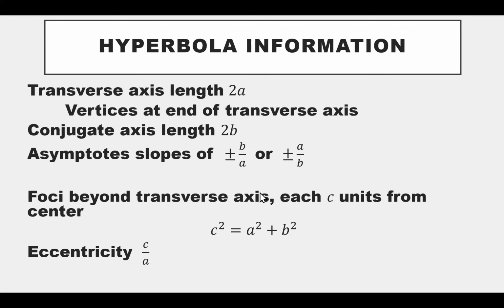And then the foci are going to be along the transverse axis, c units from the center. And with the hyperbola, c squared is equal to a squared plus b squared. Eccentricity is still c over a. Again, all of these things were consistent with what we had when we looked at hyperbolas centered at the origin.